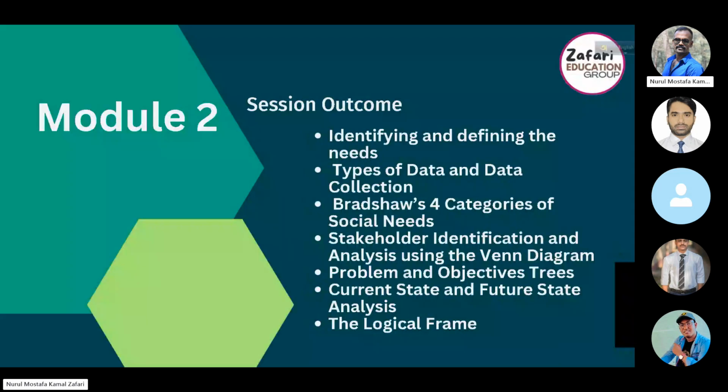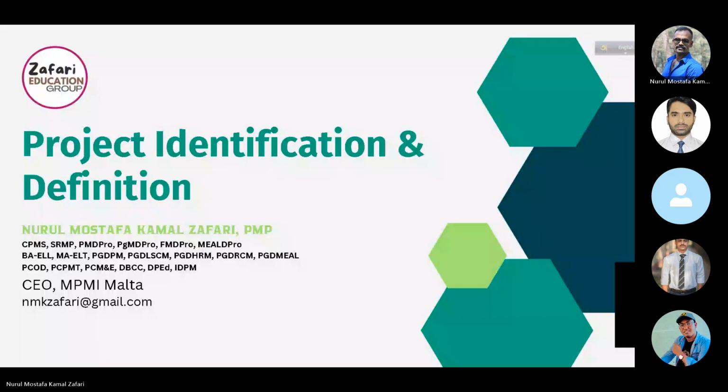So today is our second formal class. In this session, we shall discuss project identification and definition. And the rationale behind starting with this step, we shall discuss in a few minutes.